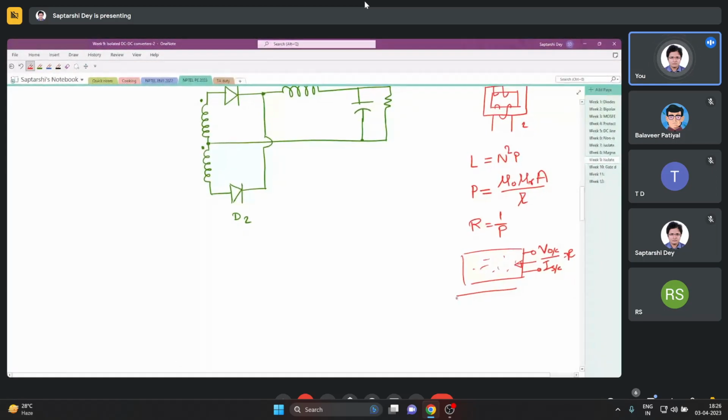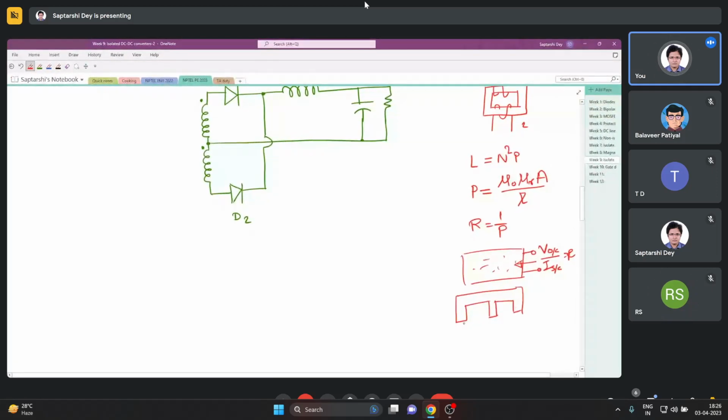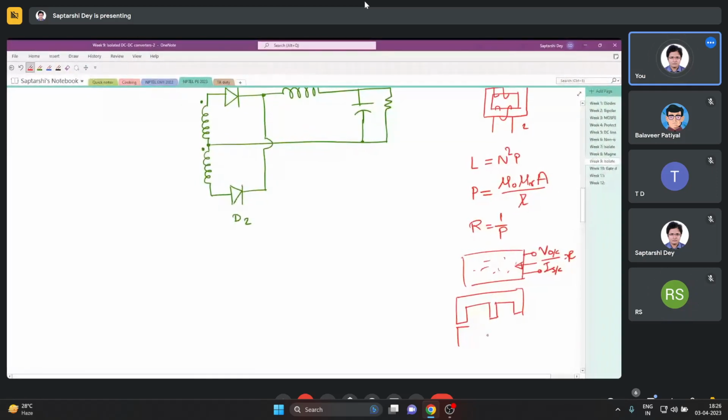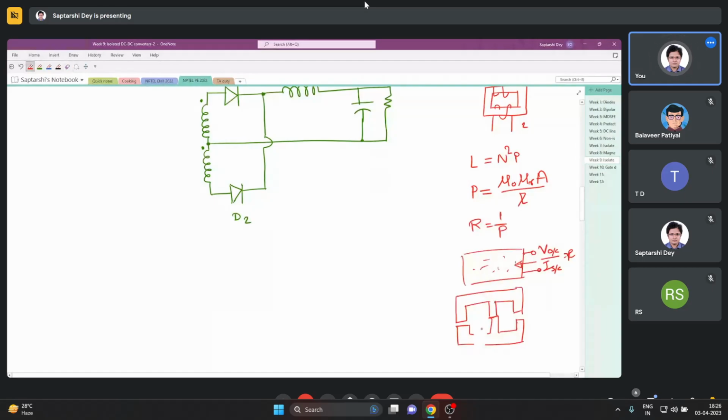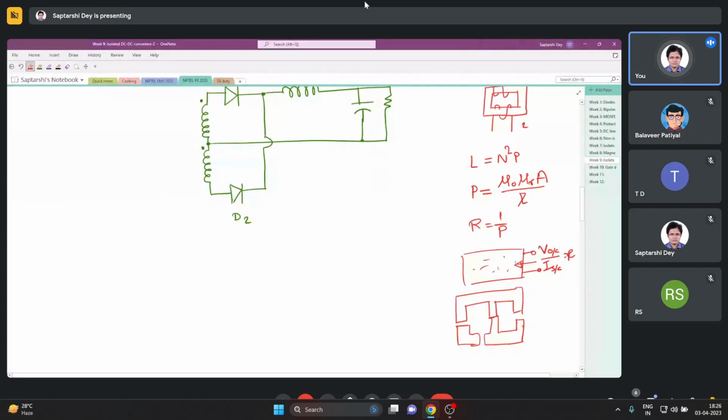You can have several limbs in the core, say like this. I'm drawing a very simple one. Maybe there is one air gap here, there is no air gap here, maybe another air gap here, maybe there is another cut here. This whole thing is a magnetic circuit.